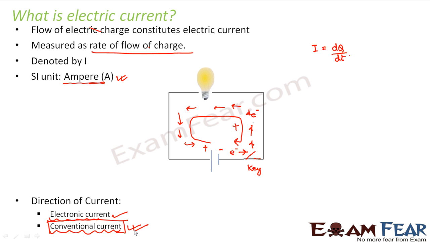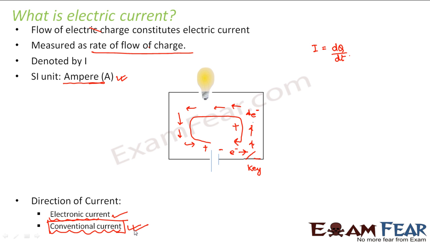So conventional current, or in general electric current, is always opposite to the flow of electrons. Now please don't ask why it is so, because there is no precise answer to this. This was devised by the physicists at that time.